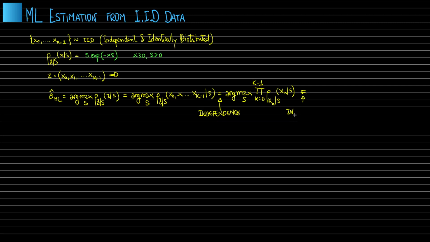We know that all observations are identically distributed, and therefore all these probability density functions are actually the same, P of x given S.